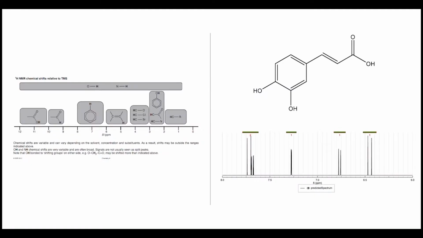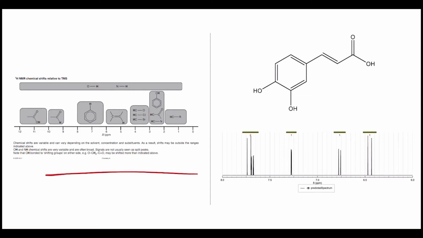Now let's have a look at an NMR spectrum. So here you have a spectrum of caffeic acid. Remember, it's a real molecule, and therefore some peaks may be in a slightly unusual space to what you have in your data sheet here.